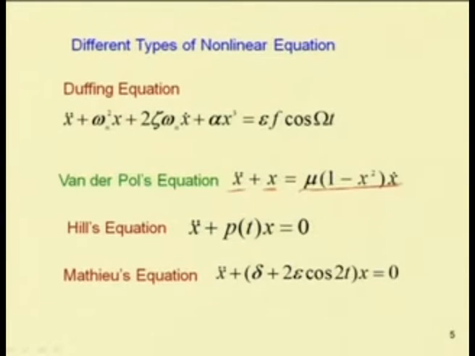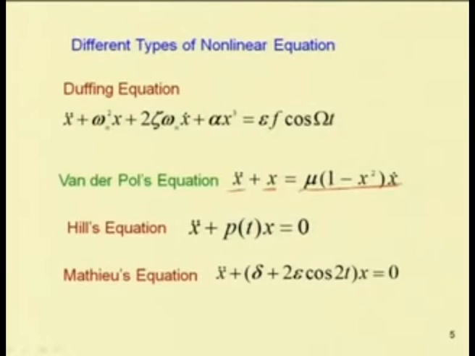But when this amplitude is small, then the damping term will be mu x dot and we will have a negative damping. Due to the presence of negative damping, the system will vibrate with high amplitude, or the system will be unstable. When the amplitude is large, we have a positive damping and the system response will be stable, or the system will come to an equilibrium position.